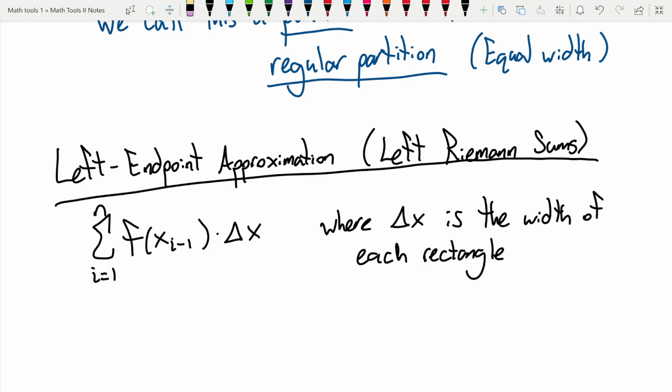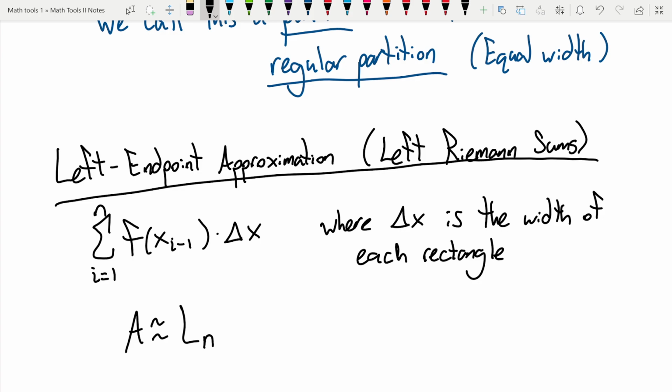But we only write delta x here instead of b minus a over n because in general, maybe we're not defining it over an interval. Maybe we're defining it over the entire function or something like that, right? So in general, we say the area is approximately equal to what we call L n, which stands for the left sum.